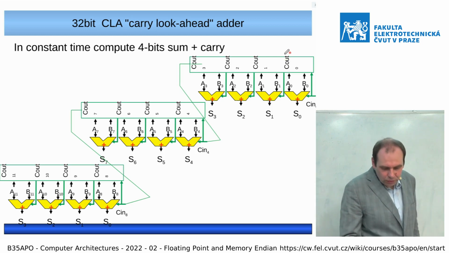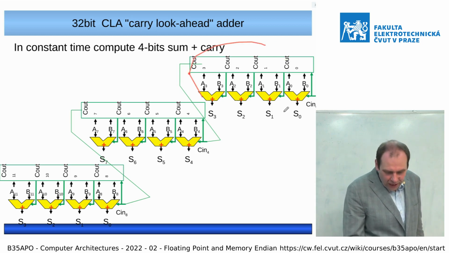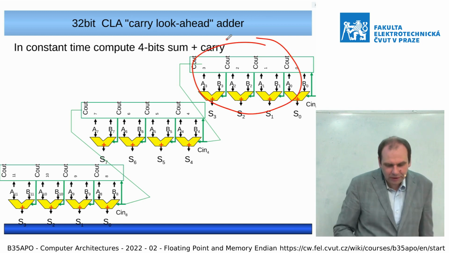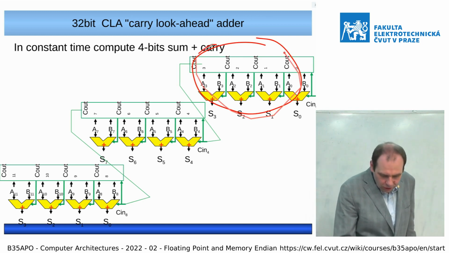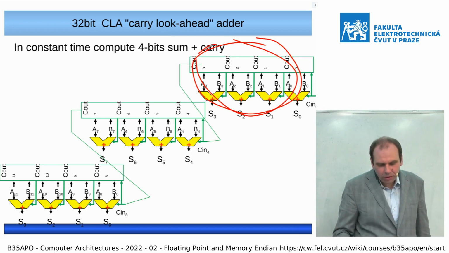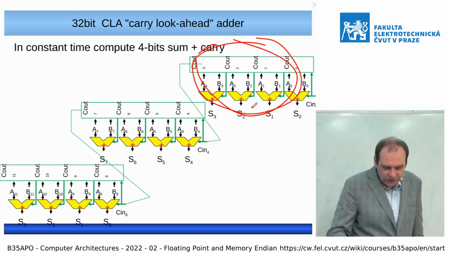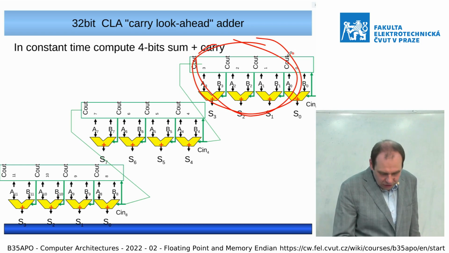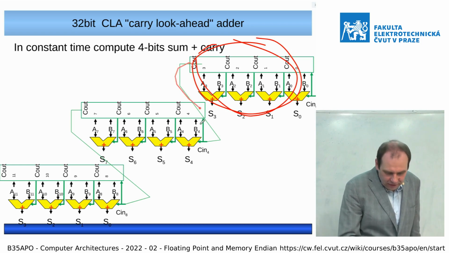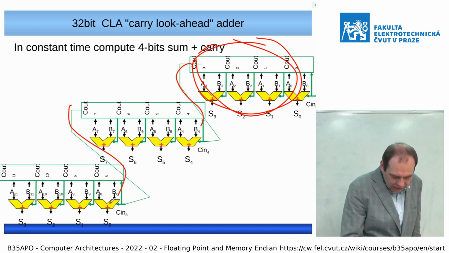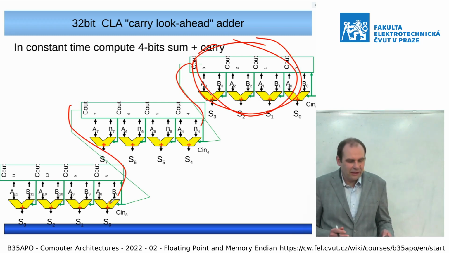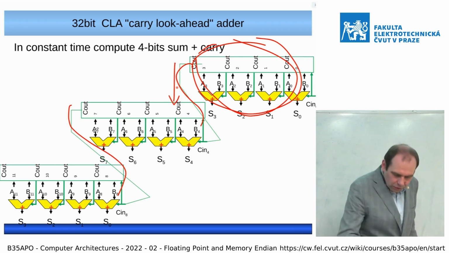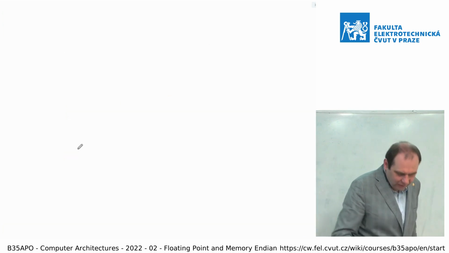We usually do not want to build a full adder with carry look ahead logic because even that will be too big. So we build it from blocks where each of those blocks uses carry look ahead logic, and then those blocks are connected through the carry out and carry in. So it represents a smaller number of circuits, but those parts then need to run sequentially.